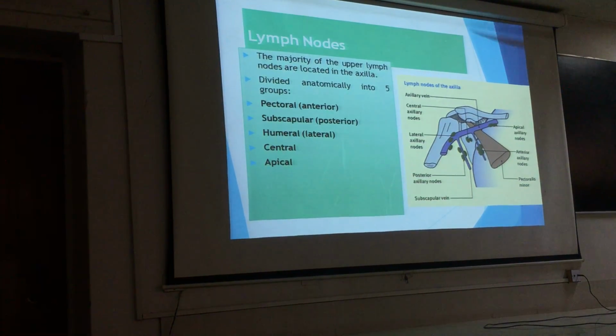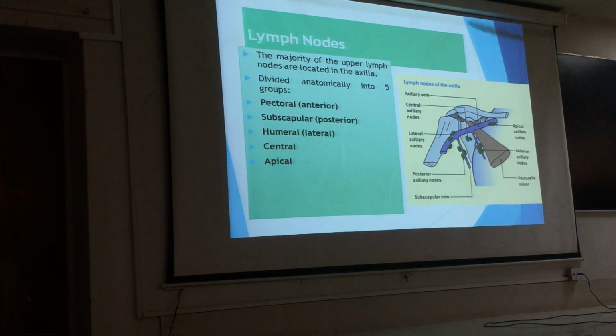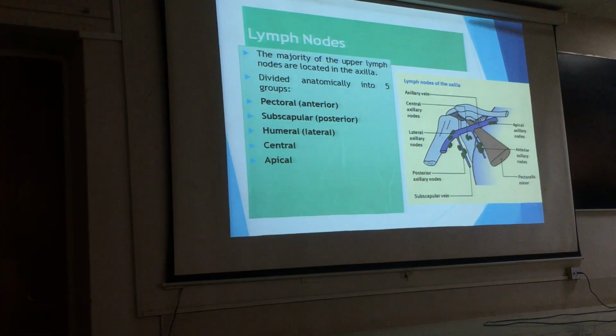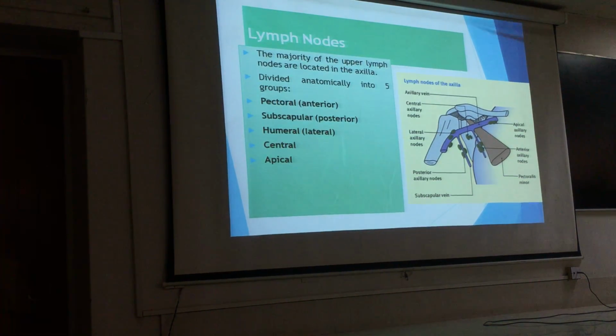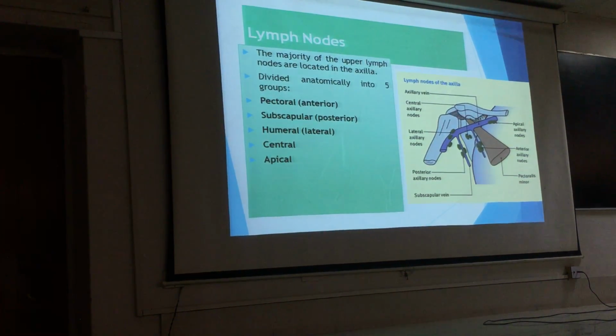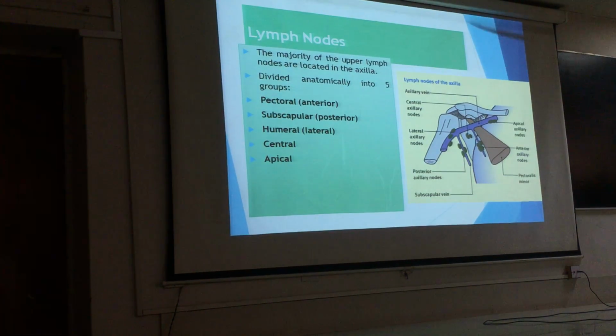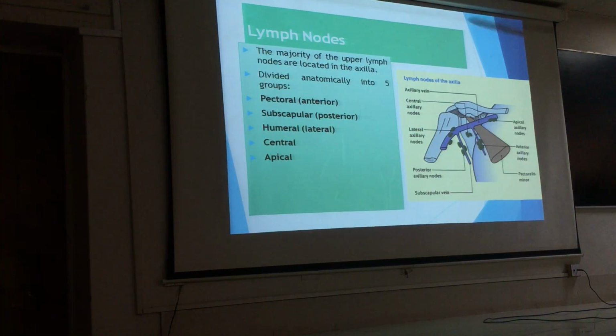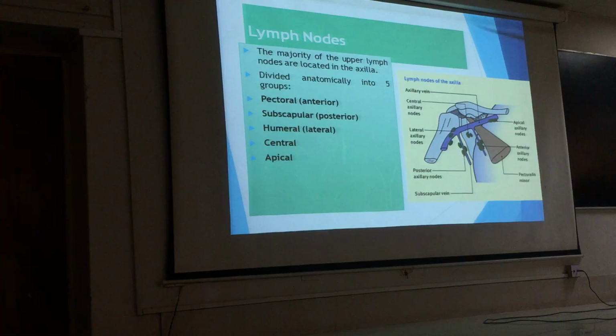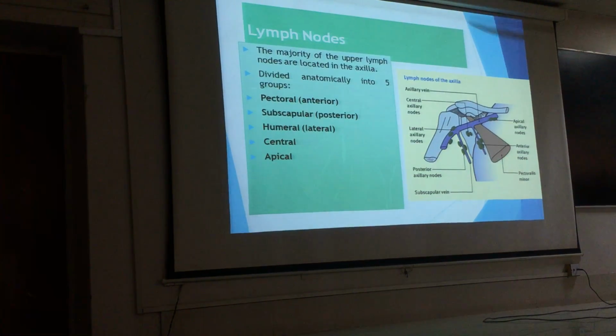The pectoralis minor was passing in front of the second part of the axillary artery, and because of it we say that there are three parts of axillary artery present. And for convenience we remember the first part was above the pectoralis minor, the second part was underneath the pectoralis minor, and the third part was below the pectoralis minor muscle.